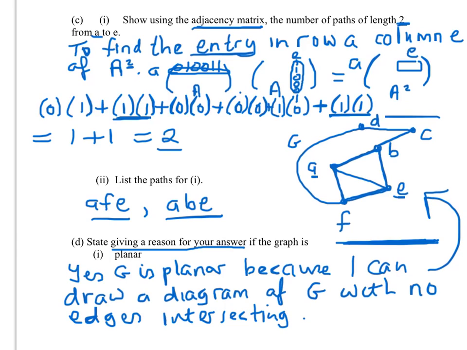That's the diagram of G with no edges crossing over each other. And that's the answer to that. So again, just to recap, a graph is planar if you can draw the graph without any of the edges crossing each other. So in this case, we were able to do that. So yes, G is planar.